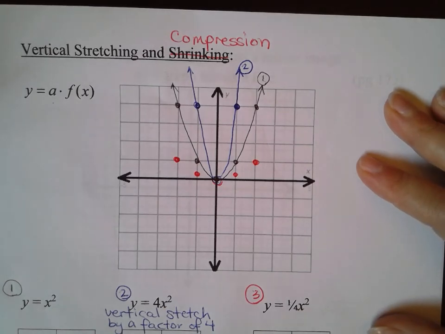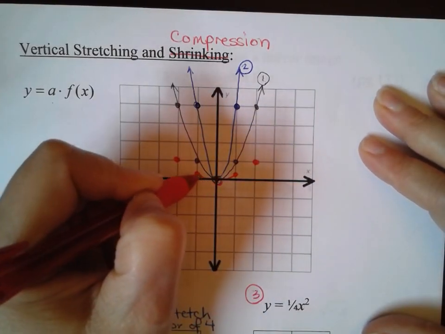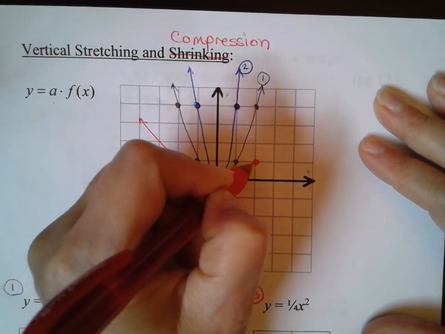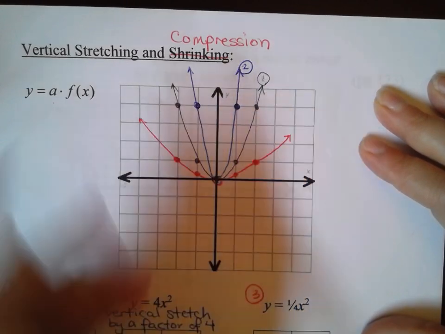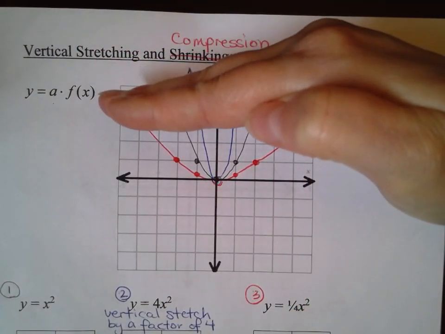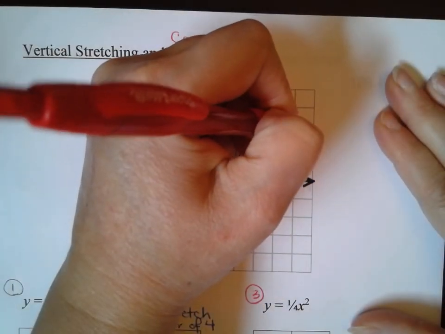It is still a parabola, a bowl shape, but it is a lot wider. It's almost as if we have set something heavy on the graph and it has sort of pushed it down to be this, I'm going to say, compressed shape.